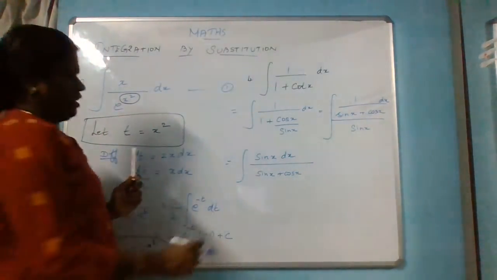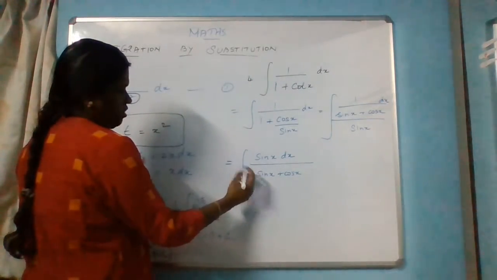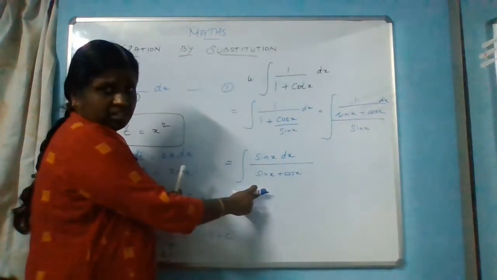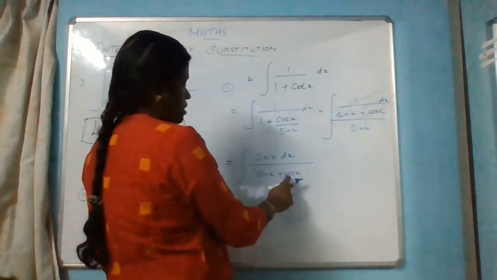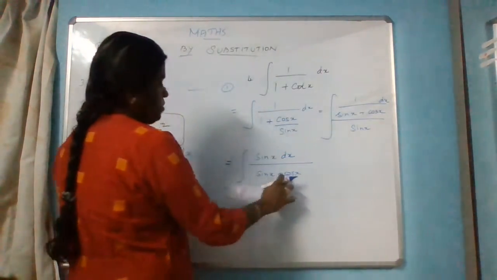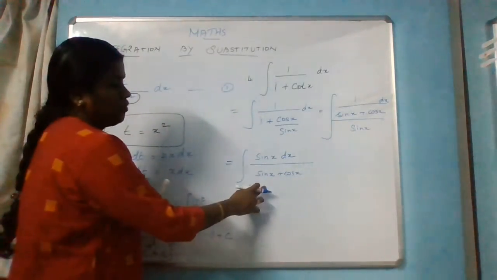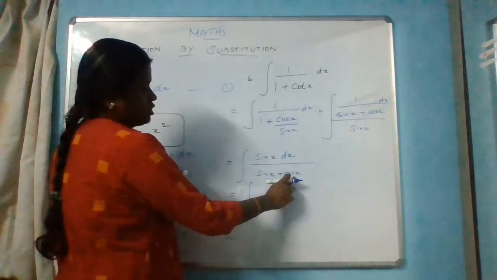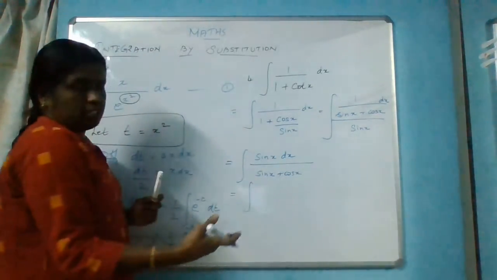Now directly I cannot use any substitution method, because there are two terms, and when I take either sin x or cos x as t, I'll be left with some t plus something like that. It will not be easier for me to simplify. So what I can do is add and subtract the cos x term, so that it will be easier to integrate.